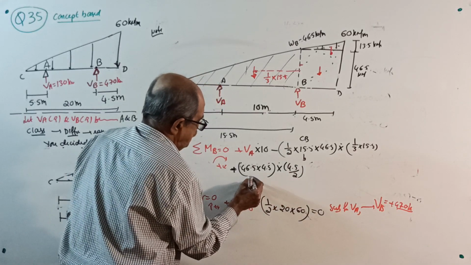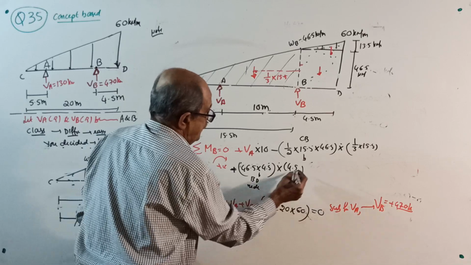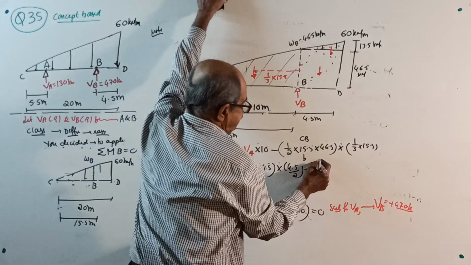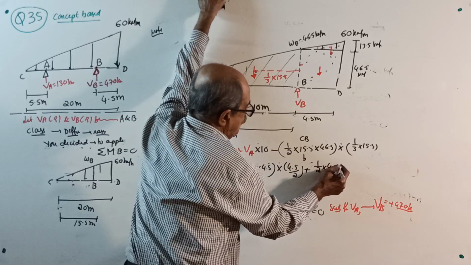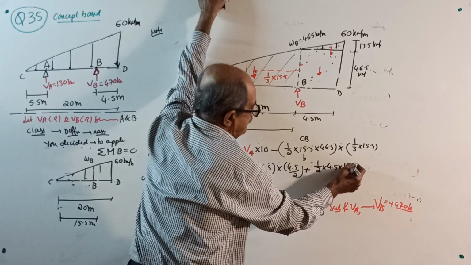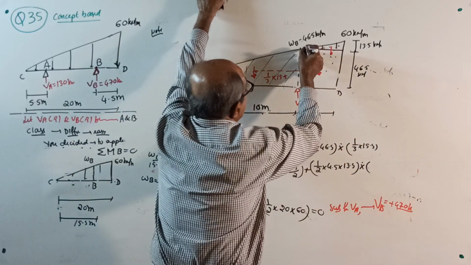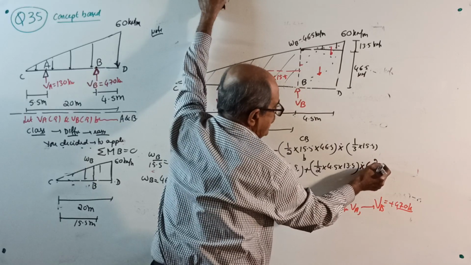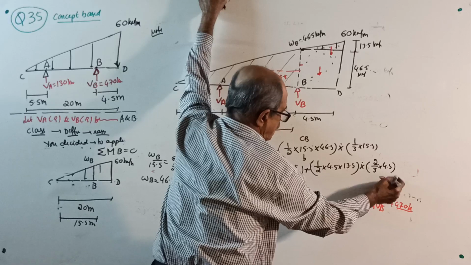Write B to D UDL, plus once again half. You should write once again everything. Half into 4.5 into 13.5 is the total load, into from here to here is 2 by 3 of 4.5, equal to 0.